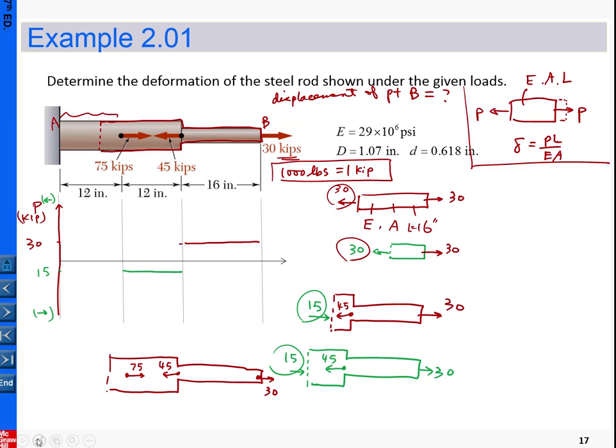From here you should be able to see, to get force equilibrium, 75 plus 30 is 105, and then this is 45, so this must be equal to 60. Again, it really doesn't matter how you move the selection to here or to here; you can repeat the calculation, and the magnitude is always 60.